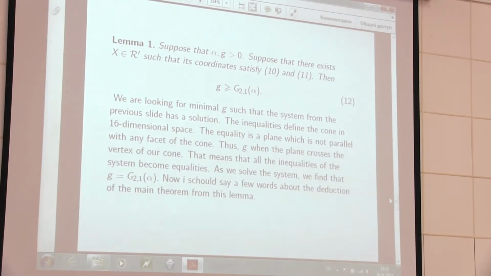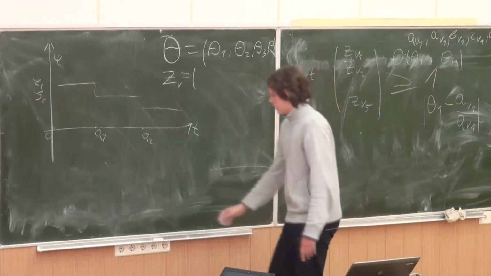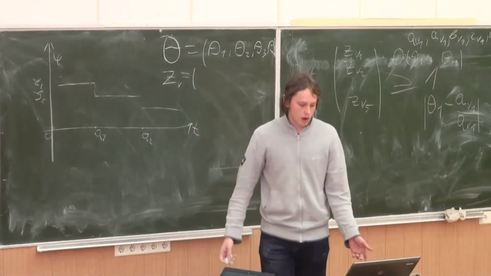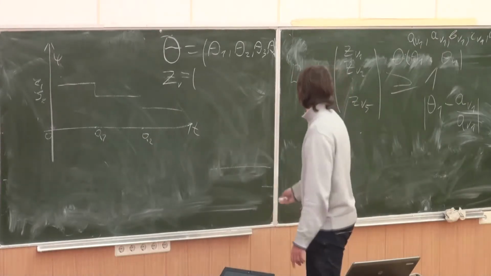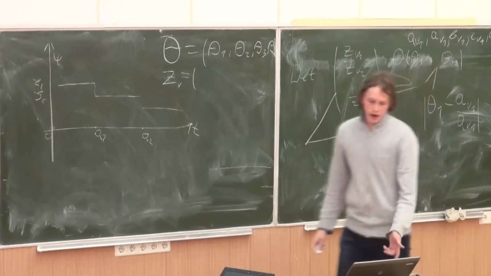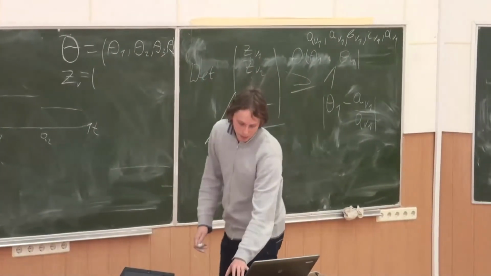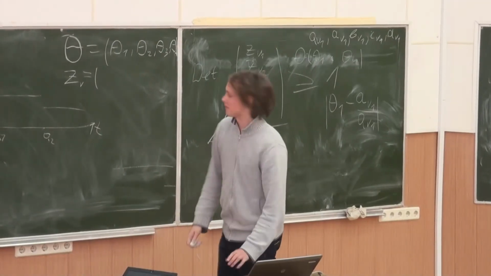How can we find it? This system of inequalities defines a cone in 16-dimensional space. We have a cone, and we have a hyperplane defined by the first equality.